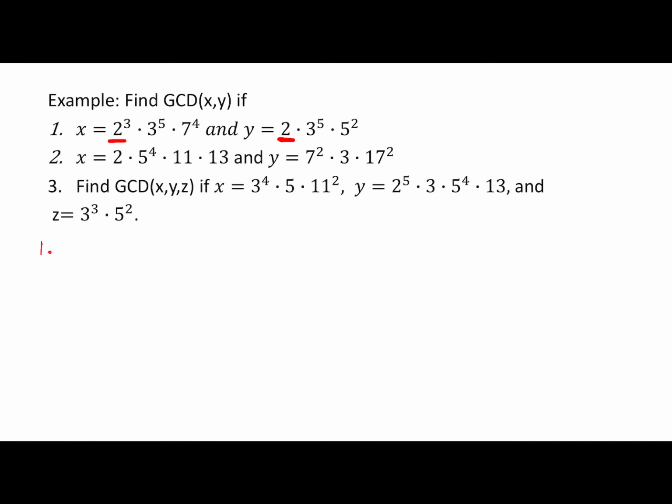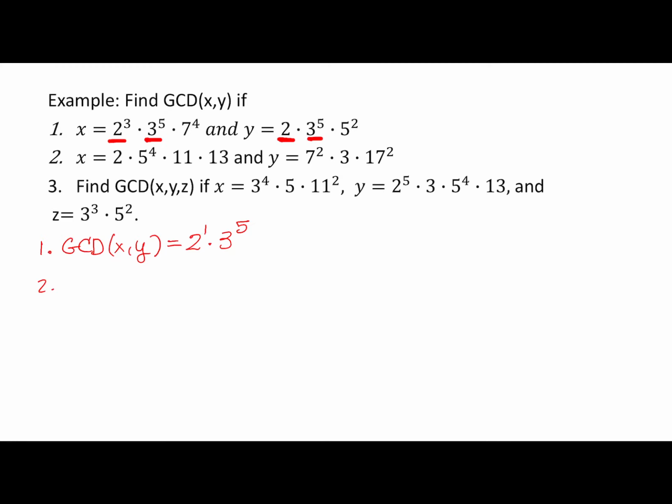So they both have a 2 and they both have 3. And I'm just going to take each of those primes to the lowest power appearing in either factorization. So I'm going to have that the GCD of x and y here is going to be 2 to the 1st, that's the smallest power of 2 appearing, and times 3 to the 5th. And I'm just going to leave it in factored form here.